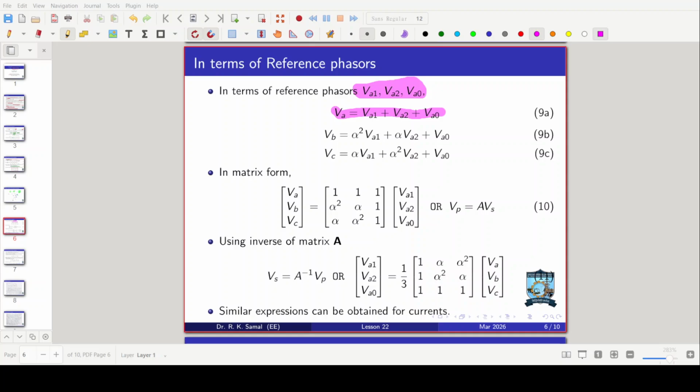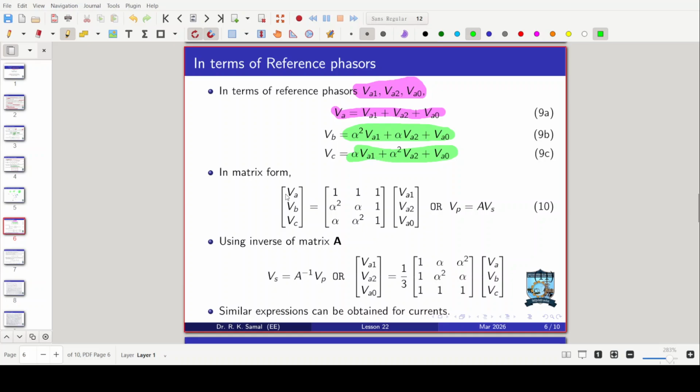Whereas earlier we saw VB is given by VB1 plus VB2 plus VB0, and VC is given by VC1 plus VC2 plus VC0. But those can also be represented by the reference phasors VA1, VA2 and VA0, in this form.